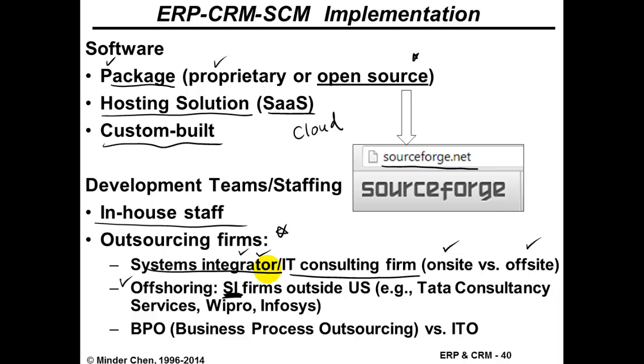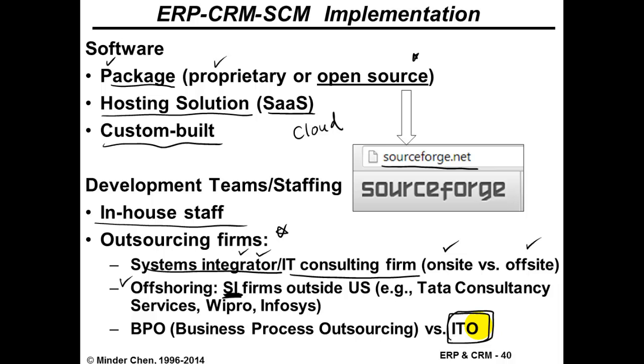You outsource to a company which is an ocean away from you, which actually creates complications. Price-wise, they may have a cheaper price, but the potential problems shouldn't be underestimated. Last but not least, in terms of outsourcing, typically for system implementation, it's usually called ITO, information technology outsourcing.